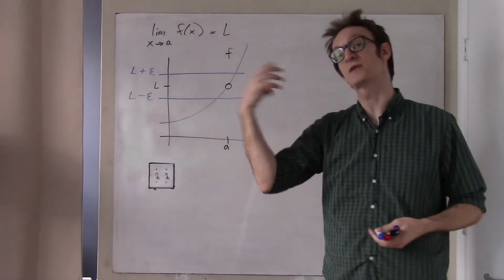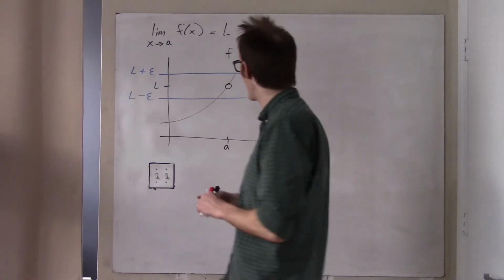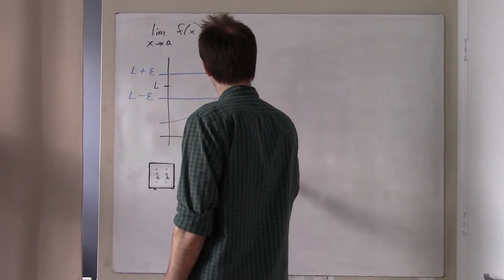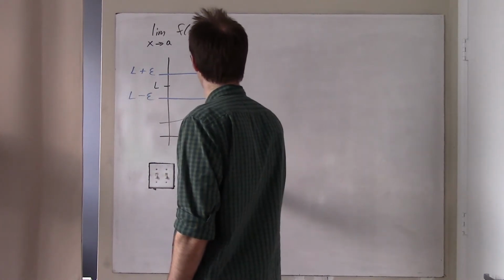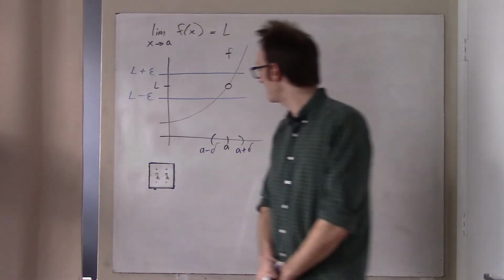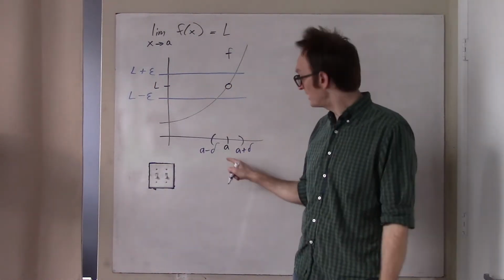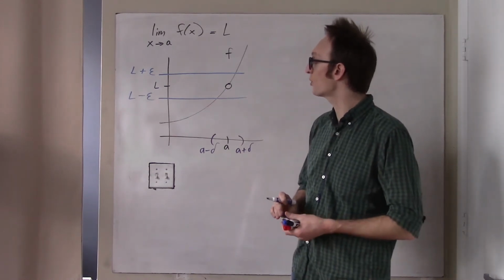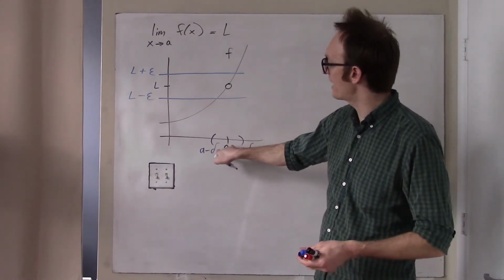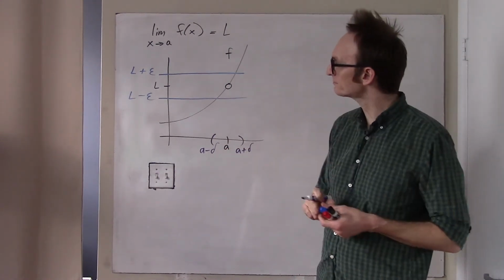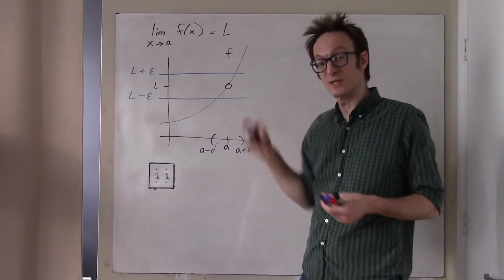And after receiving your epsilon challenge, I have a response. And the response is I go as close to a as I need to. And delta is the number which indicates how close to a I need to get in order that all of the outputs of my function are within epsilon of the number I'm claiming to be the limit.